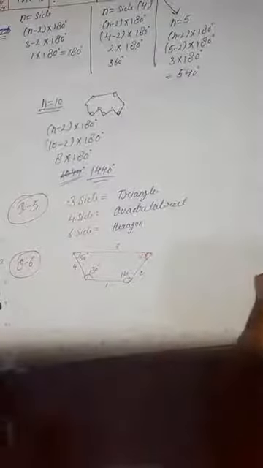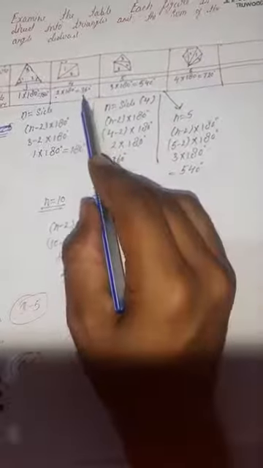As we have discussed earlier, in a quadrilateral the sum of all angles is 360 degrees.